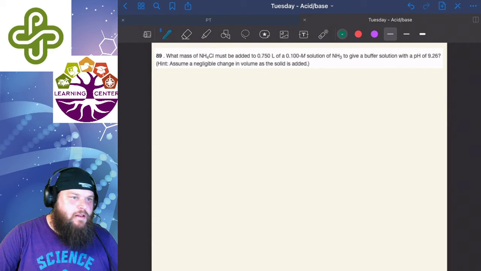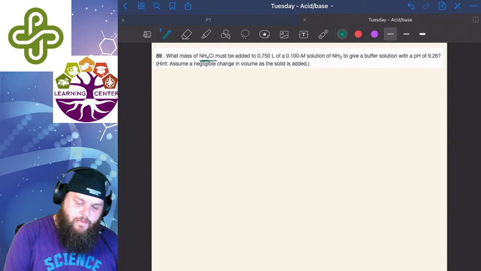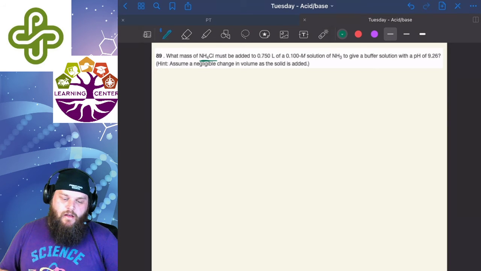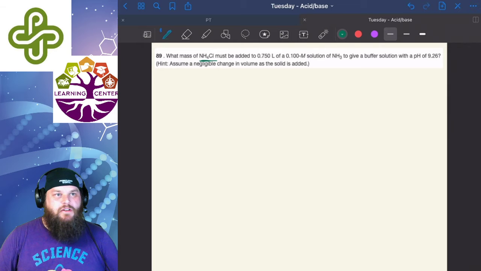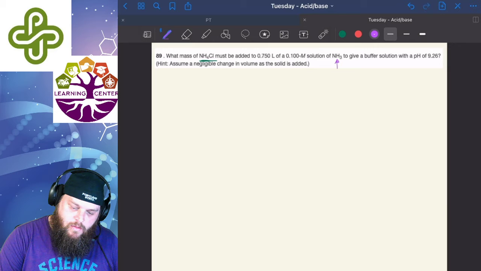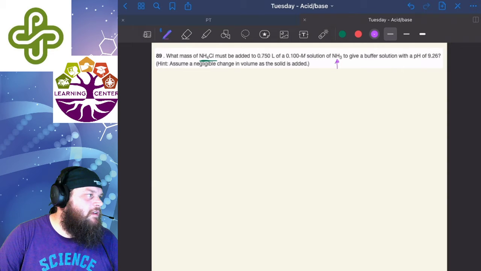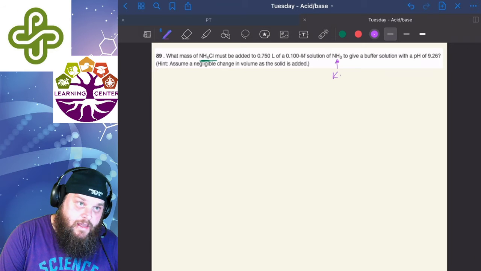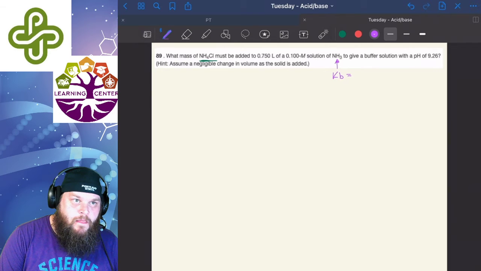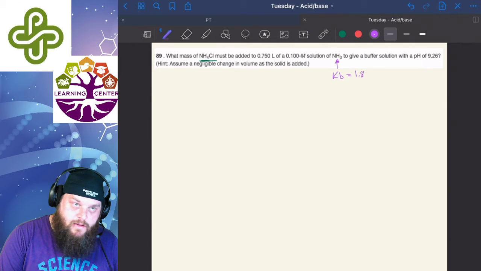So for 89, this is a fun one. Really, they're asking us for the mass of this ammonium chloride that needs to be added to 0.75 liters of a 0.1 molar solution of ammonia. So ammonia, I looked it up, and its Kb value, because it's a base, is equal to 1.8 times 10 to the negative 5.